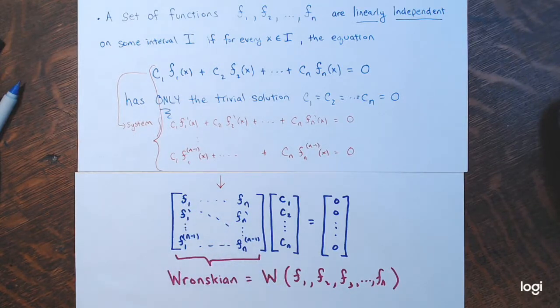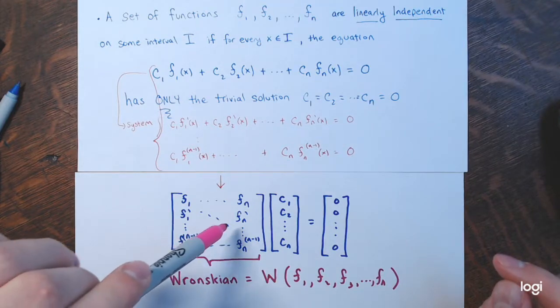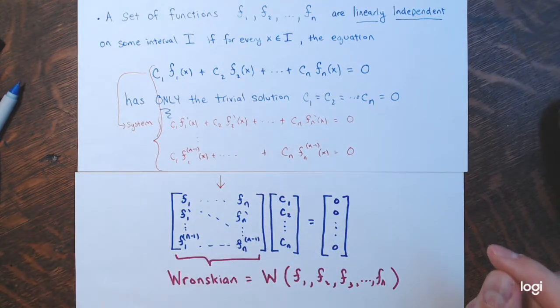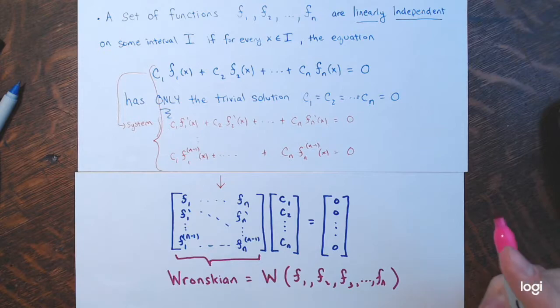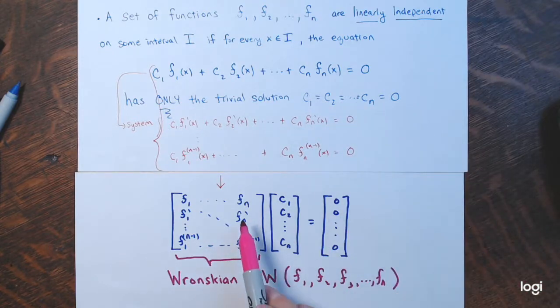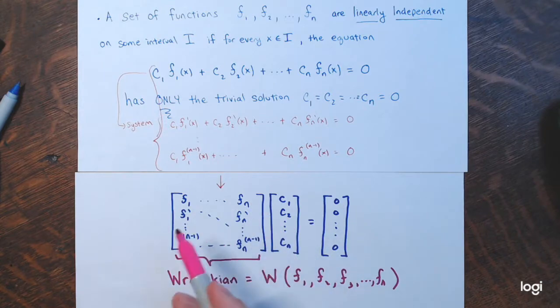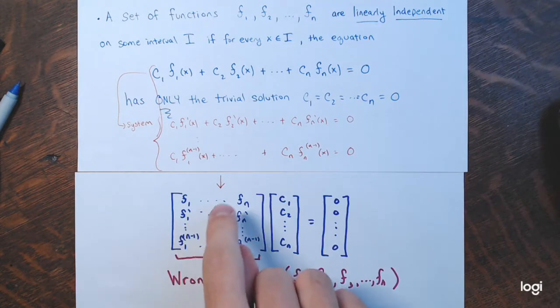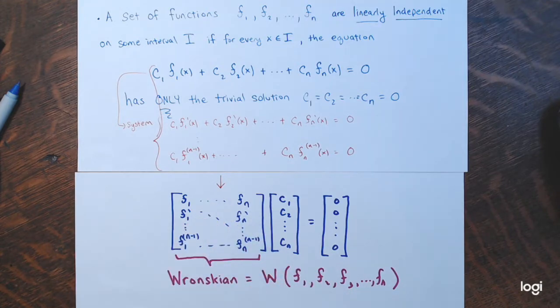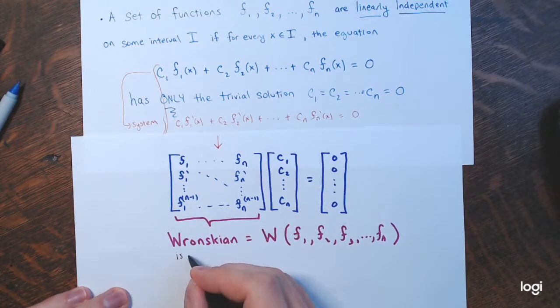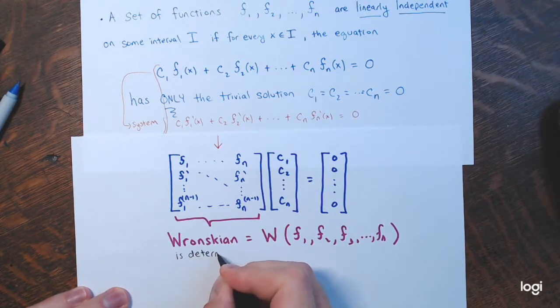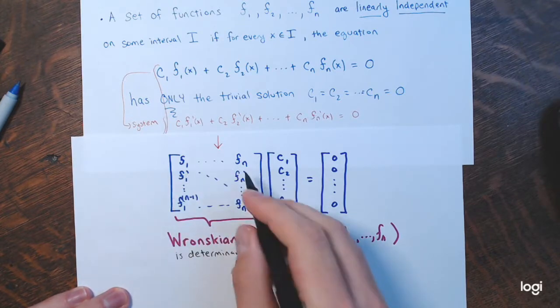The only way this system is going to have just c1, c2, up to cn equal to 0 as a solution is if this matrix is invertible. And actually, I should say the Wronskian is the determinant of this matrix. I apologize. So maybe I should write that: the Wronskian is the determinant of this matrix of derivatives.